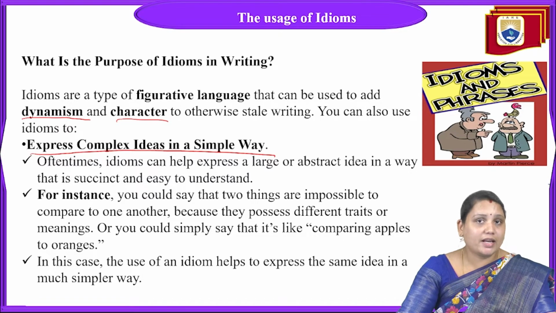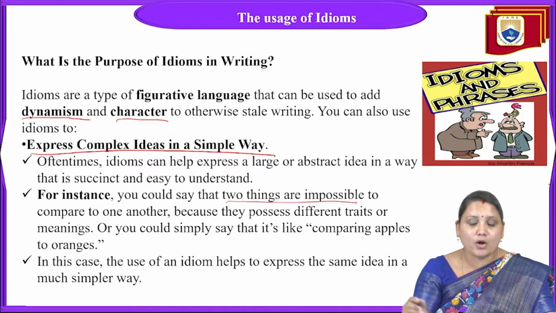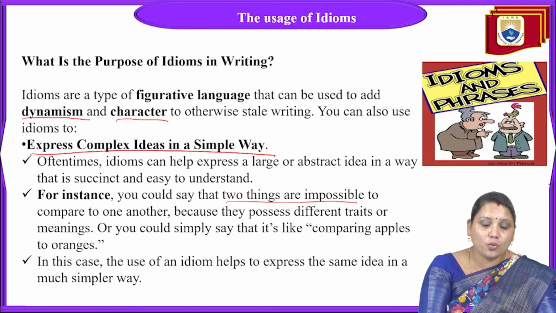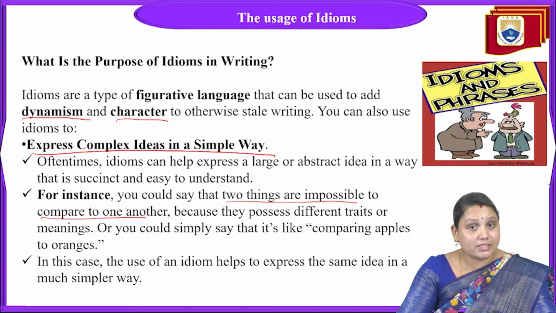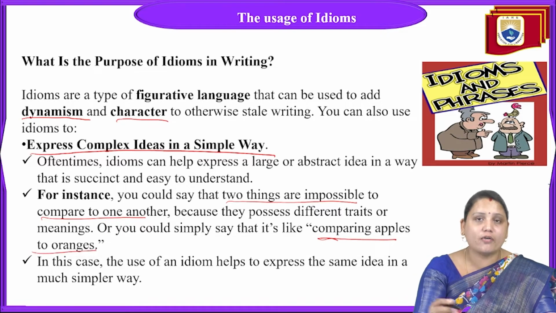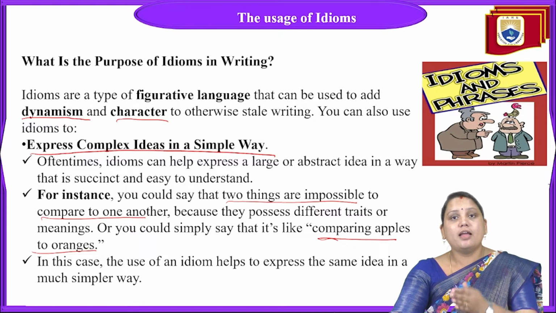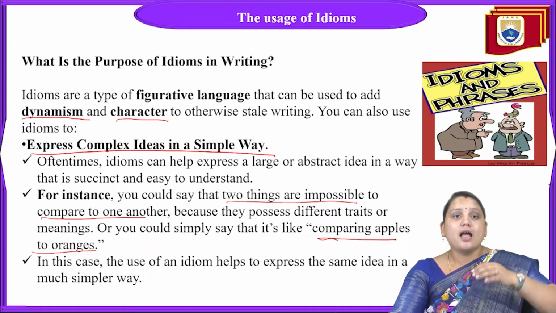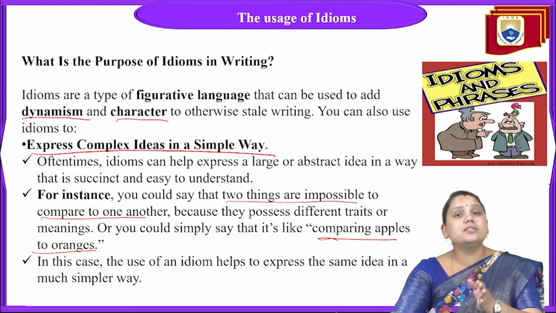For example, you could say that two things are impossible to compare to one another because they possess different traits or meanings. Or you could simply say that it is like comparing apples to oranges. When you want to say that two things are not comparable, what is the reason?